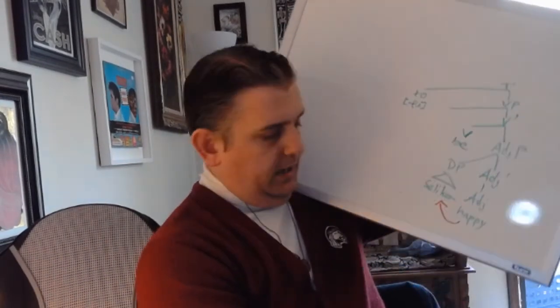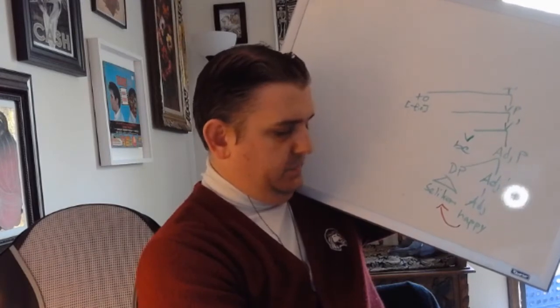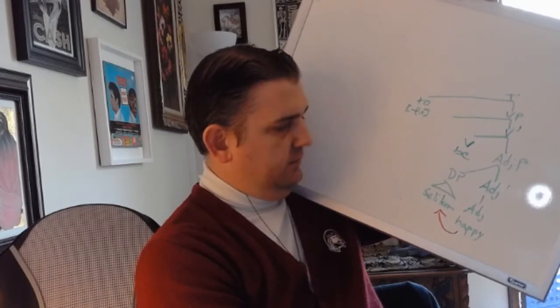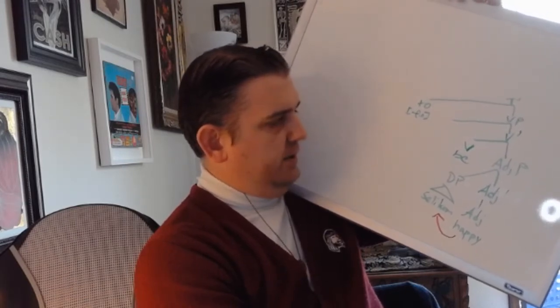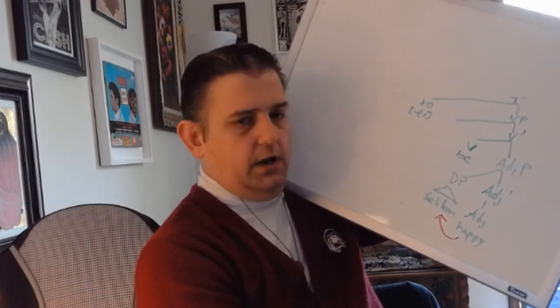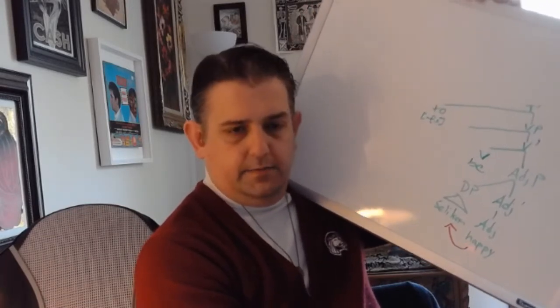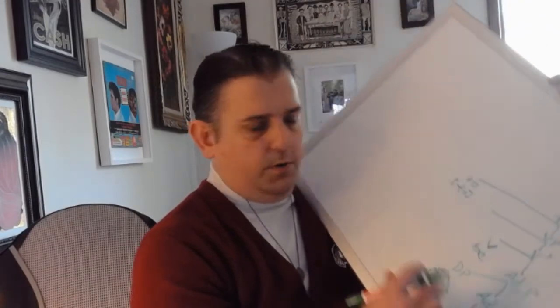It is known as non-finite infinitive, but what's going to be critical about this is this tense marker doesn't have case. It doesn't have nominative case associated with it. It still has its specifier position.